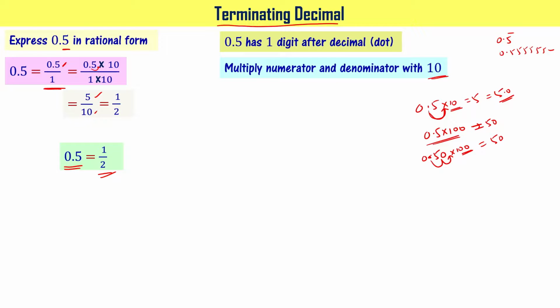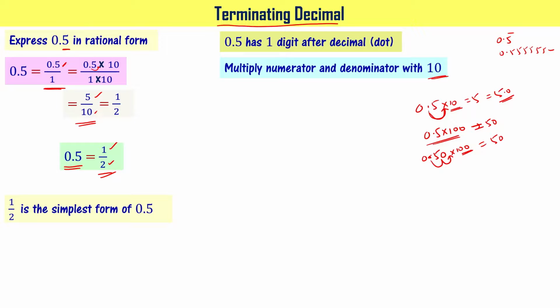Even 5 by 10 is a rational number, but 1 by 2 is the simplest form of 0.5. Simplest form means that the numerator and denominator cannot be further simplified, because they have only one common factor, that is 1.